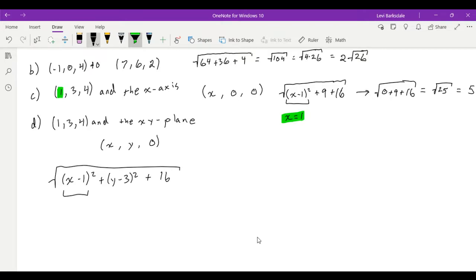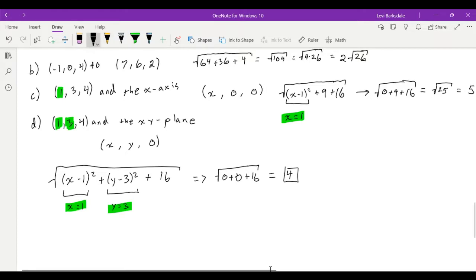This component is going to be smallest when x equals 1, because that'll make it 0. This component is going to be smallest when y is equal to 3, because that'll make it 0. So then this becomes 0 plus 0 plus 16, which is just 4. And again, if you look closely, you'll notice x equals 1 matches the x component there, y equals 3 matches the y component there.